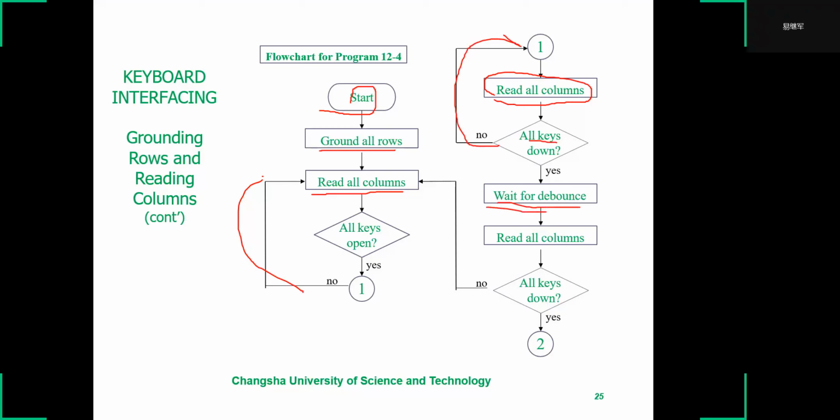Wait for debounce, just give a delay. Read all columns. Are all keys down? No. Just return to here, or go to the next.